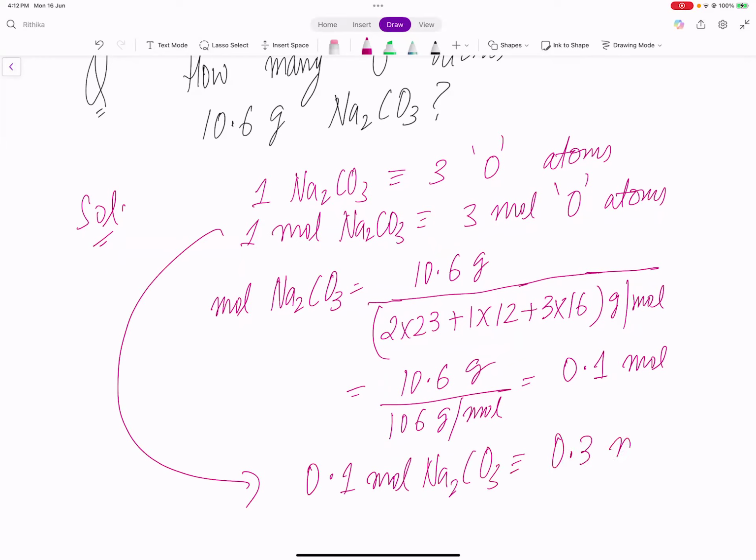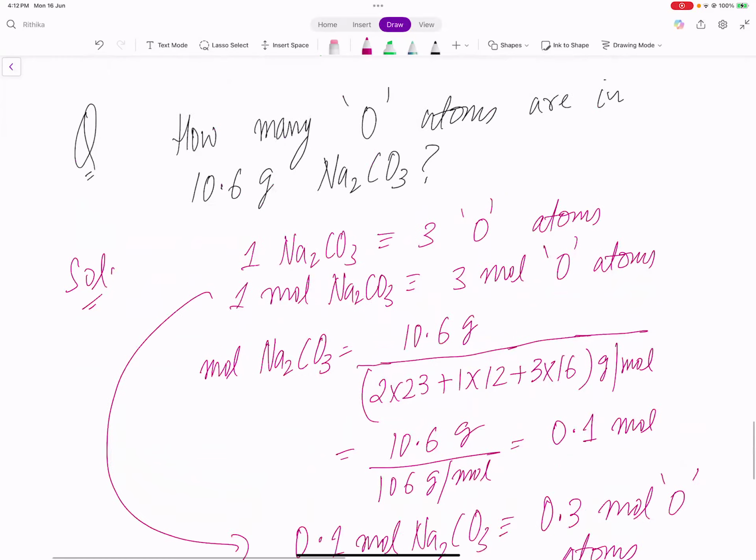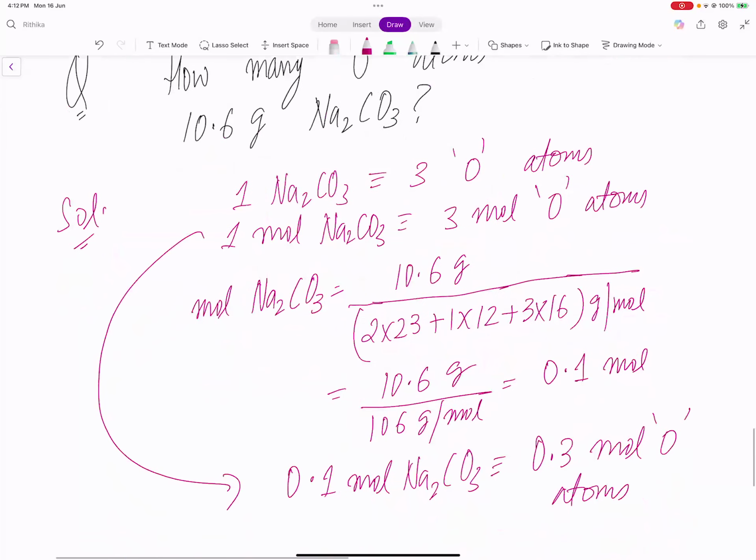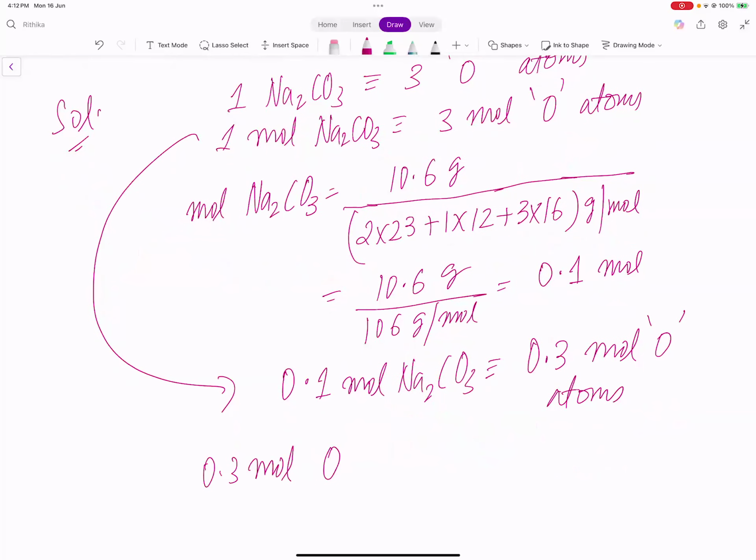But they have not asked me mole, they have asked me how many. So 0.3 mole O atoms into Na. 0.3 dozen means into 12, so 0.3 mole means 0.3 into Na. 1 mole is just 1 Na.